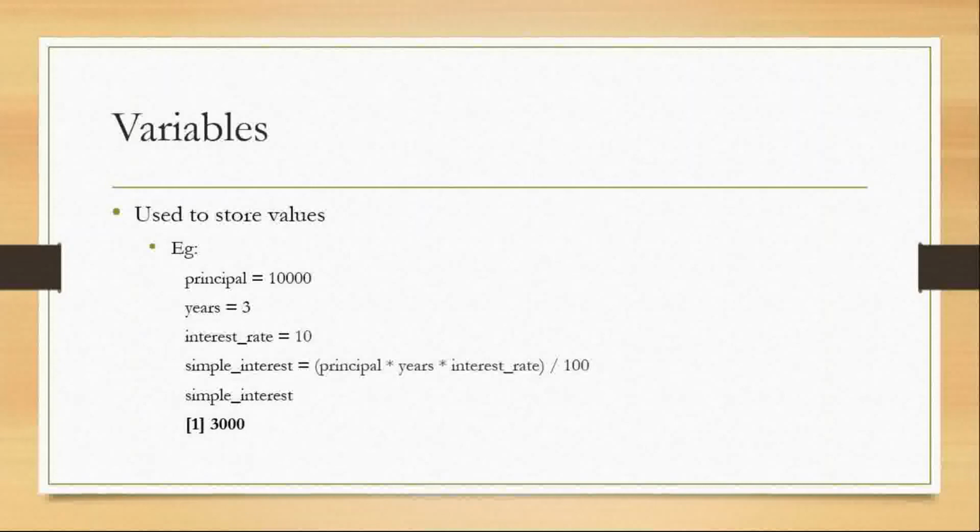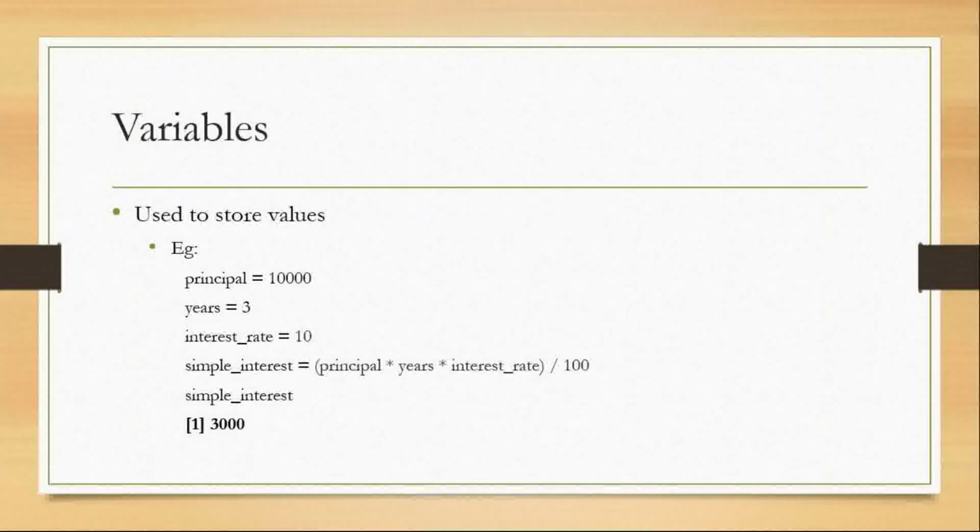Okay, let's discuss variables. As all of you know, variables are used to store values. In the example shown on the screen, we are calculating simple interest. All those which are written on the left are the variables which take the values that are given on the right.